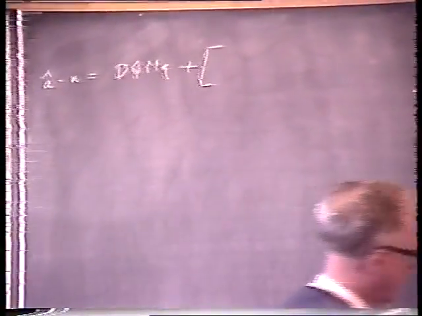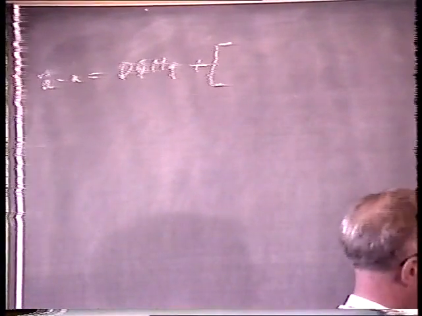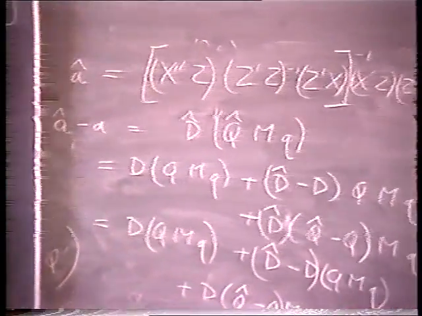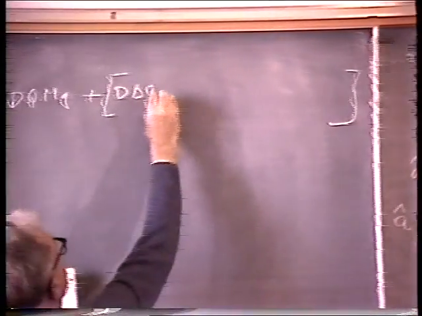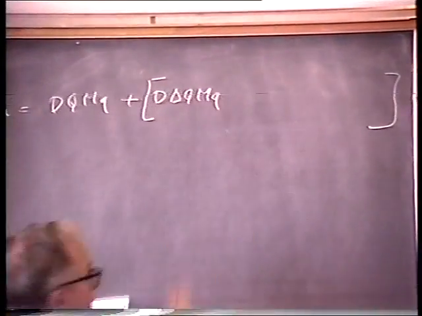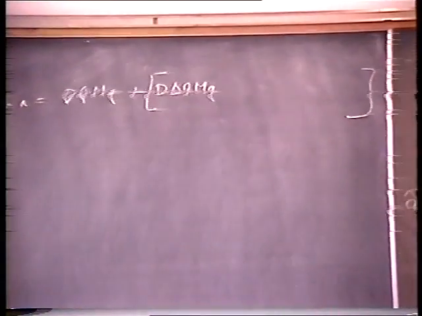Well, first of all, let's take this third term here. That can be written simply as d, then delta q, and then m, and then little q. So that's the simplest one to think about.